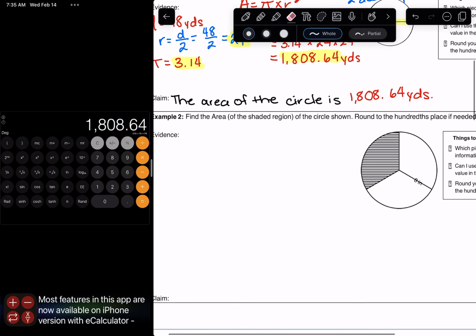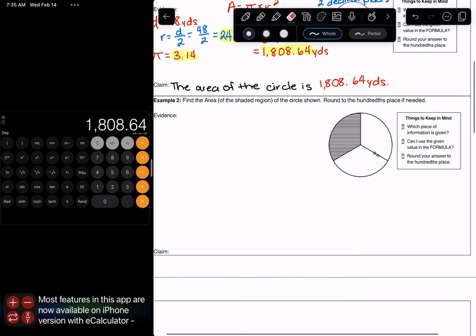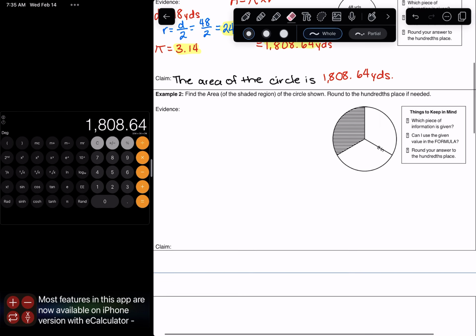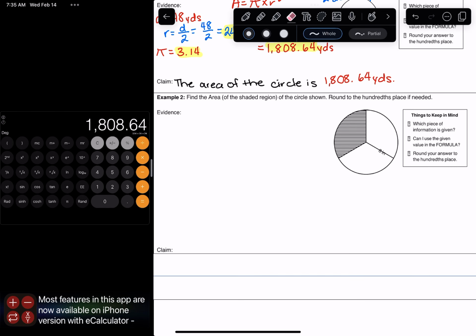Okay, so let's move on to our last one. Example number 2 says, find the area of the shaded region of the circle shown. Round to the hundredths place if needed. So my shaded area is this area with all of my lines. What I'm going to do first is find the area of my whole circle.